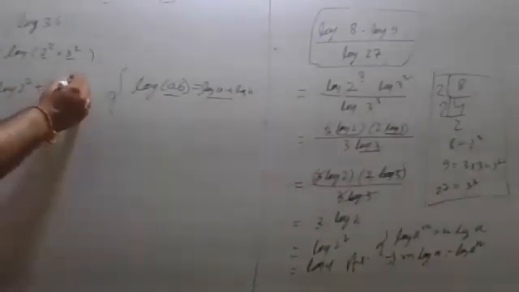Now make the correction. Log 2 square into 3 square is equal to, continue, log 2 square plus log 3 square. I am telling you to say this line only. Log 2 square plus log 3 square equals what? Log 2 square into 3 square. Means you will return back to this line.